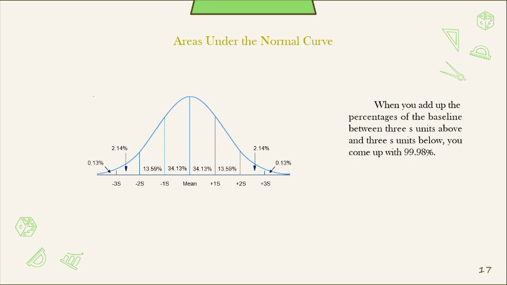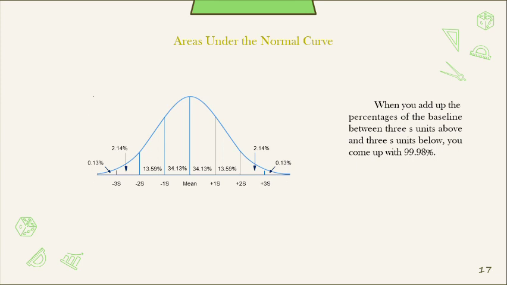difference nila. So, yeah, ito yung area niya, and kung i-add mo siya lahat, itong 0.13, yung dalawang 0.13, dalawang 2.14, dalawang 13.59, and dalawang 34.13, ang equal niya is 99.98%. So, kita dito sa gilid, yung baseline niya yung nasa baba, and merong 3s units above and 3s units below.